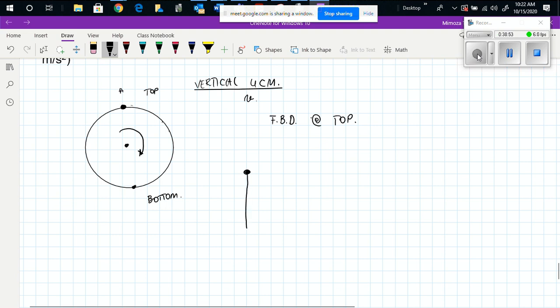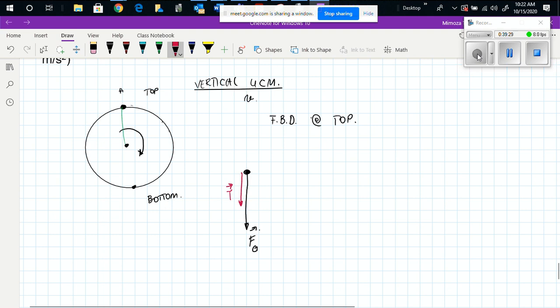Then we have the force of gravity, which is always going down toward the center of the Earth. Now, when we are at the top, the string goes like this. Therefore, the tension, following the rule that we have said about tension from the object along the string, will be going down as well.